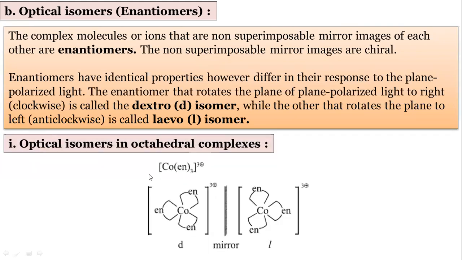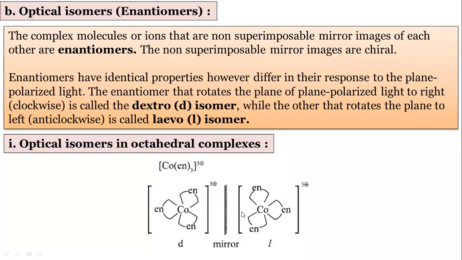So directly I will show how these isomers look. Again there is a Co(en)3, a bidentate ligand. There are 3 ethylene diamines, 1, 2, 3. If it is D, automatically it will be L, because these are non-superimposable mirror images of each other.